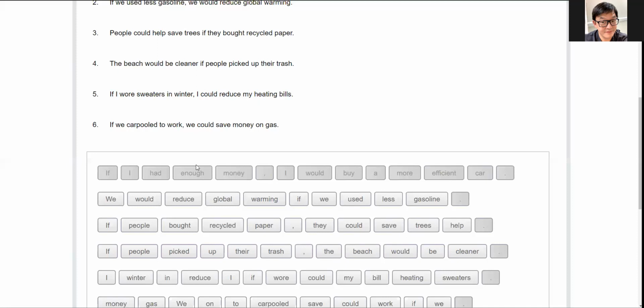So now, I would reduce my heating bill if I wore sweaters in winter.